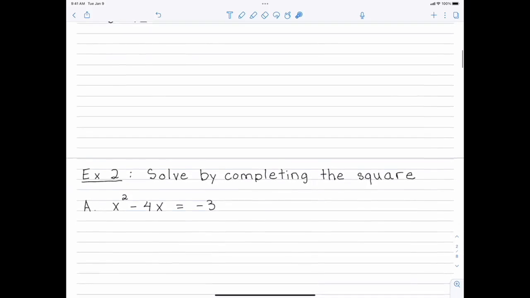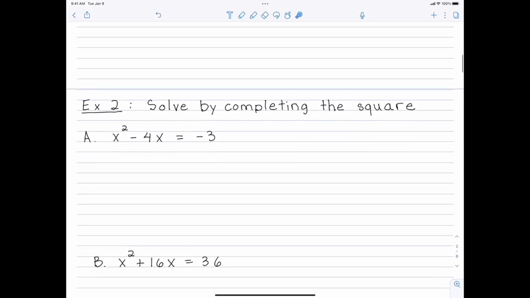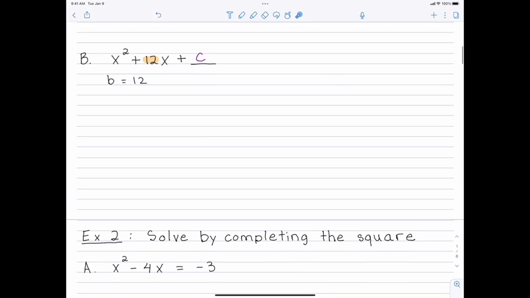So c equals b, which is 12, divided by 2, quantity squared. So 12 divided by 2 is 6, so this is 6 squared, which equals 36. It's always b divided by 2, quantity squared, equals c.